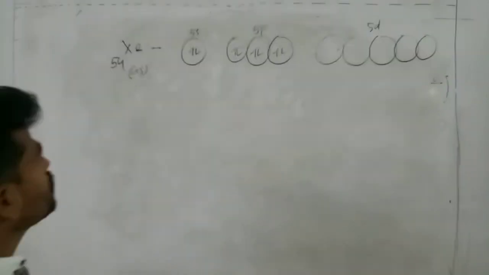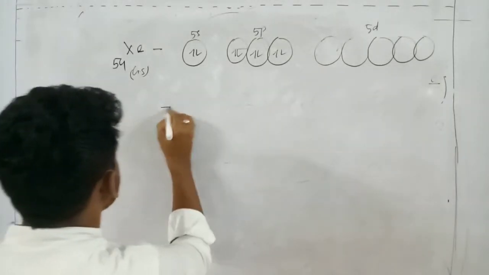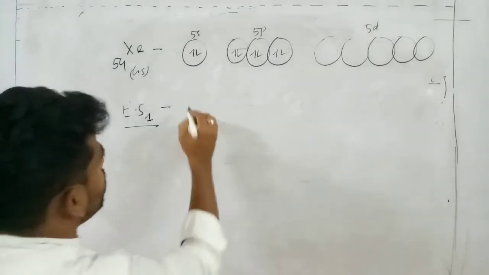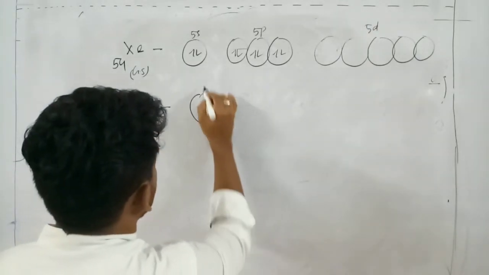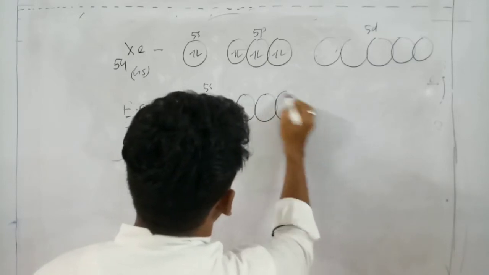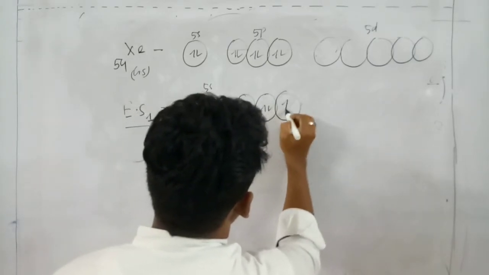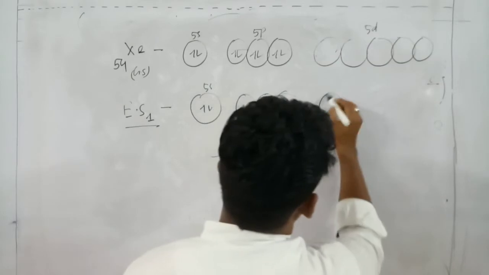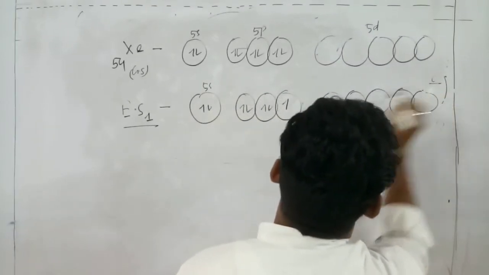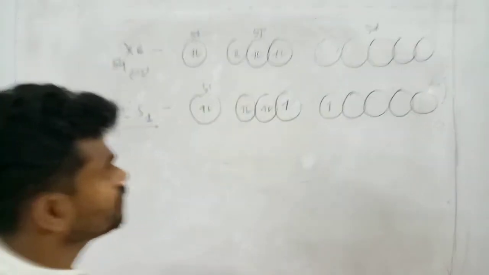Okay, you see, first excited state, what happens? This is 5s, this is 5p, 1 electron from 5p is excited into the orbital of 5d.